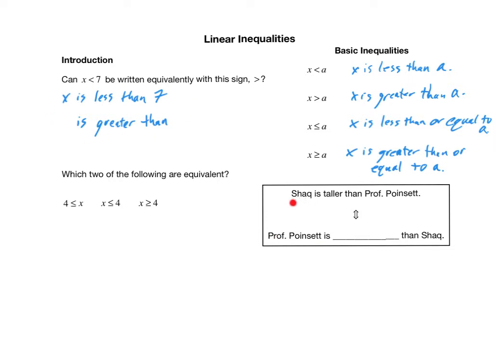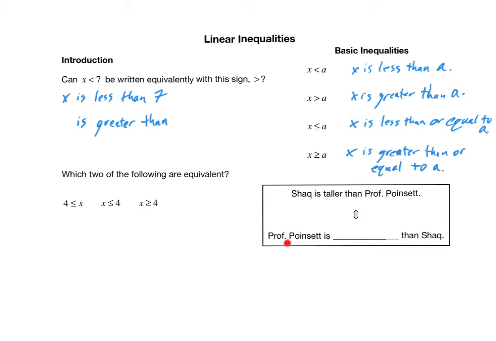So Shaquille O'Neal, when I write Shaq here, that's who I'm referencing. Shaq is taller than me, Professor Poinsett. So could I say that differently, but use my name first before Shaq? Shaquille O'Neal is taller than Professor Poinsett. Shaquille O'Neal's about 7'1". I'm 6 feet tall.